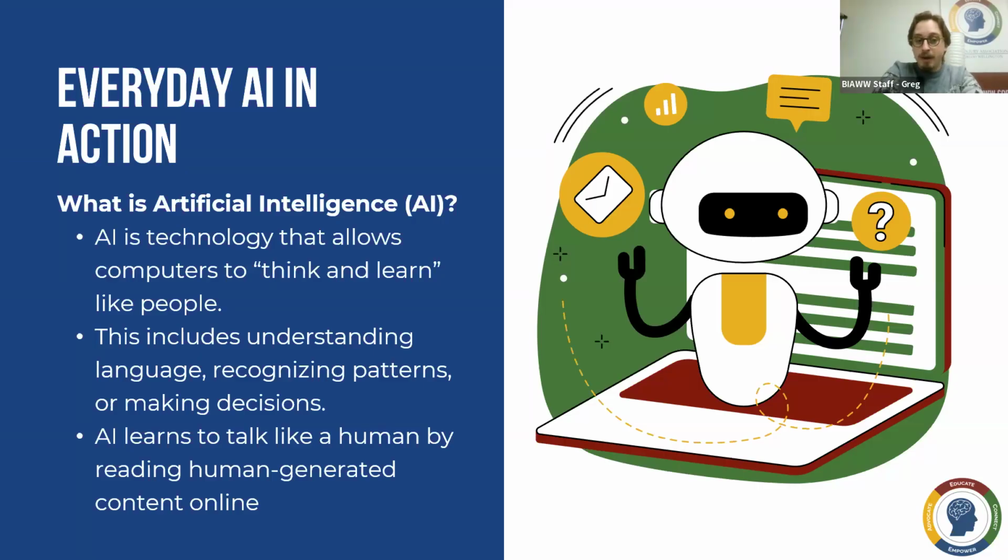They can recognize patterns very well, and they can problem solve in very, very creative ways, much more creative than older computer programs. And AI learns to talk like a human by reading human-generated content online. So what AI does is it reads blogs, websites, news articles, all of this content that is on the internet. It uses this to learn about what language sounds like and how people talk, so that it can then replicate this in its interactions with you.